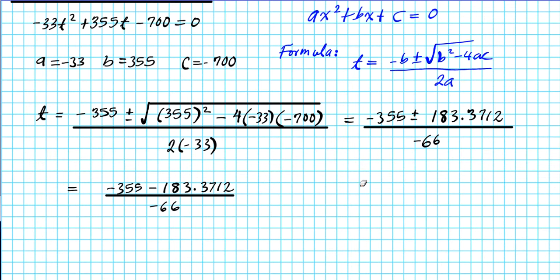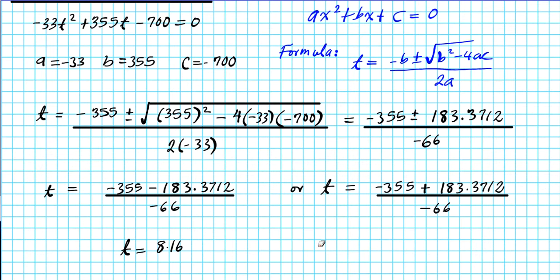And then we have the positive part, so t is either this or t is that value right there, which is negative 355. Instead of a minus, now we have a plus. Okay, 183.3712, and you divide it by negative 66. If you input this into your calculator, you get t equals 8.16 and t equals 2.6.